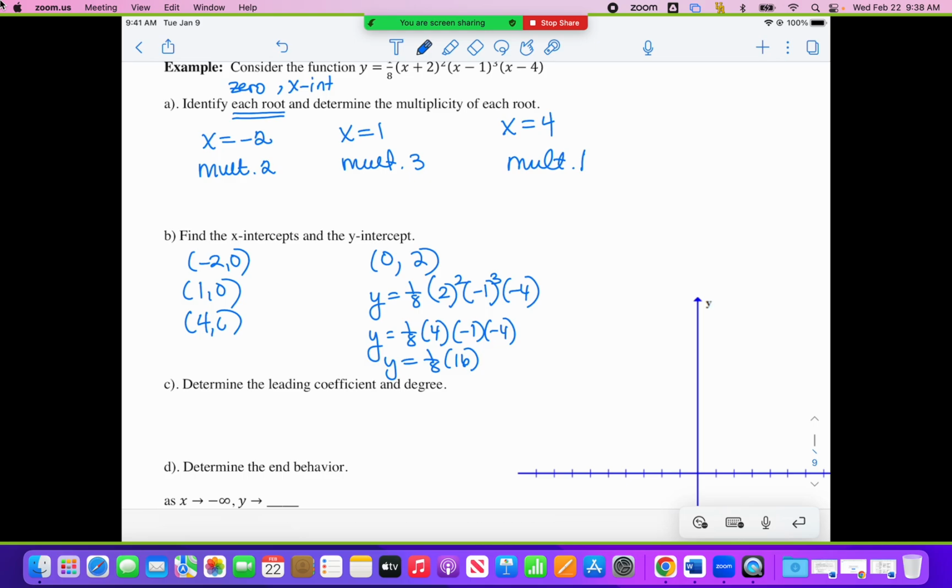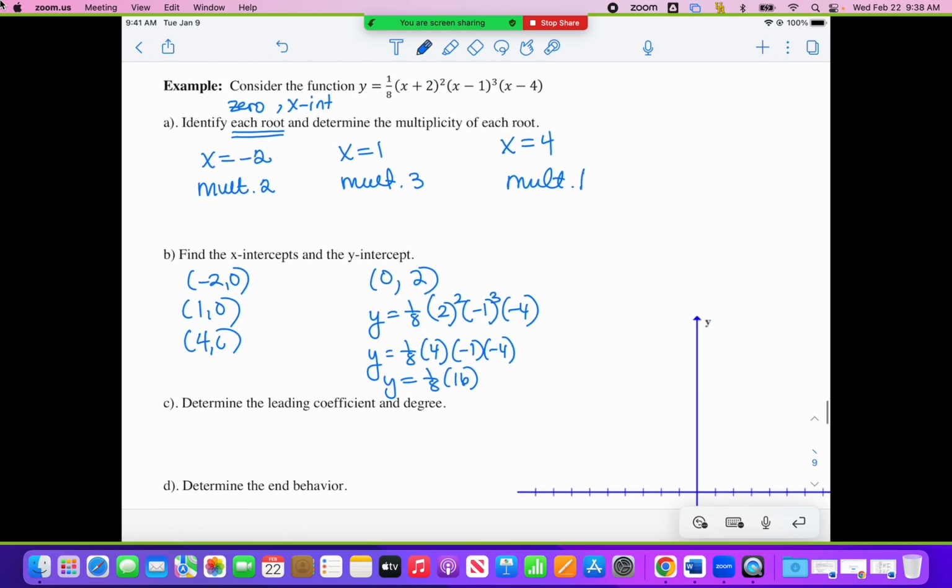So that's (0, 2). The leading coefficient, what's the leading coefficient on this one?